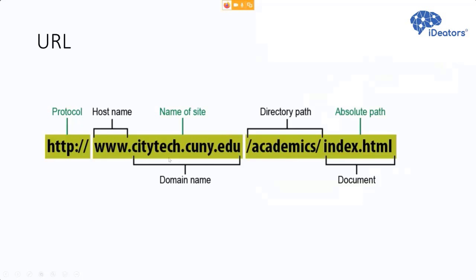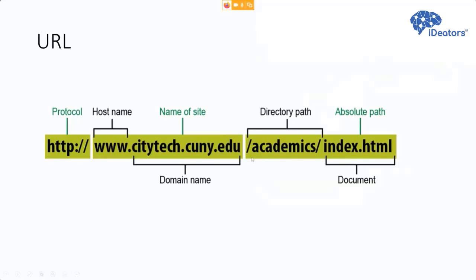But you surely need a domain name, whichever site you want to go to, whether Google or Yahoo or any other site. You'll type the domain name within the browser, and the domain will land you on the home page of the given service.